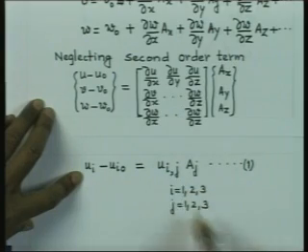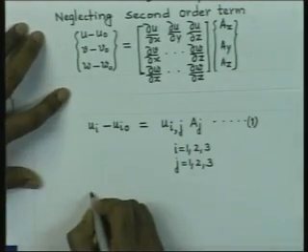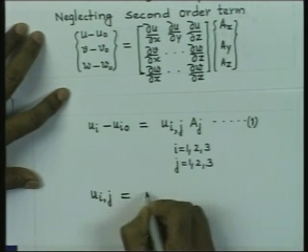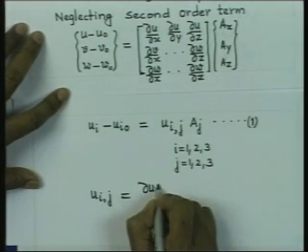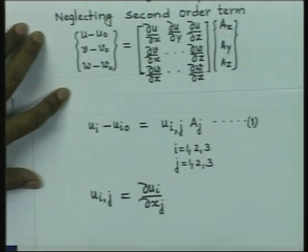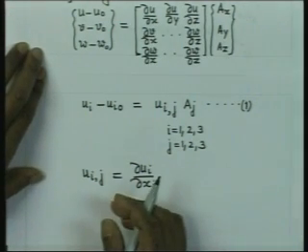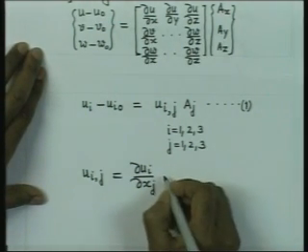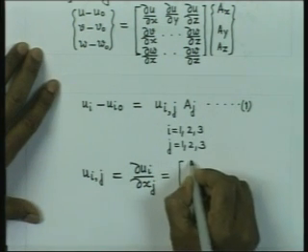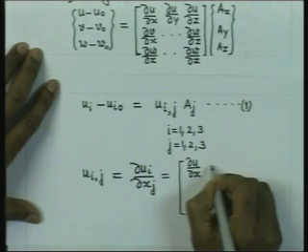So, therefore, ui,j is nothing but delta ui delta xj, and here we have all the 9 derivatives, and this is nothing but this expanded form which we have given earlier.